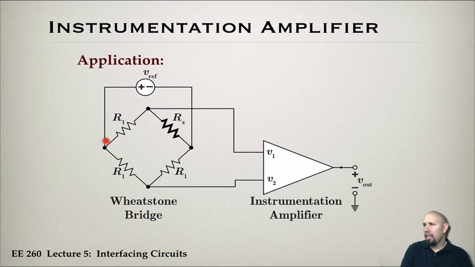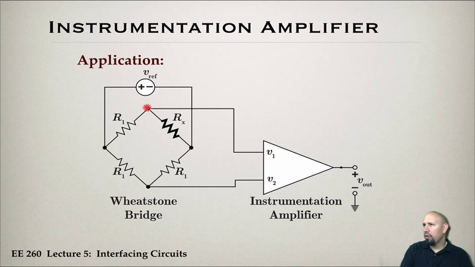So when we look at the current through here, there's more resistance in this line than there is in this line, which means the current through here is going to be less than the current through here. For the same voltage across here, I'm going to have less current through here than I will here. Less current through here means this voltage is less than that voltage.